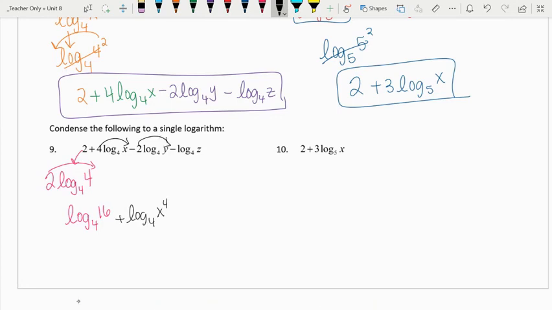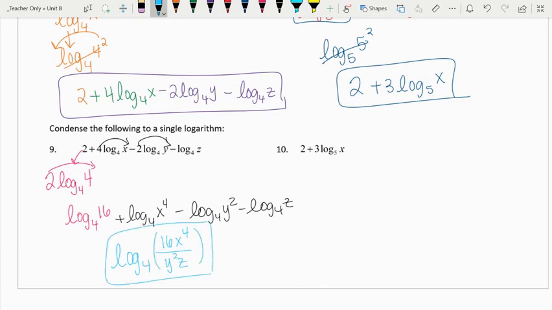The next one would be log base 4 of y to the 2nd. And the last one would just stay the same. So if we throw it all together, we would get log base 4 of 16 times x to the 4th. And then your y squared and your z to the 4, or just z, would be in the denominator because it's a subtraction in front of them.